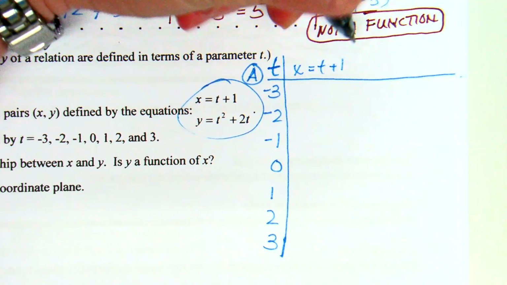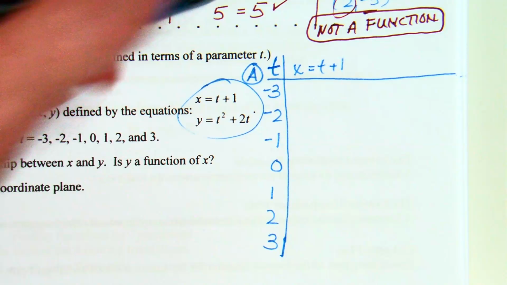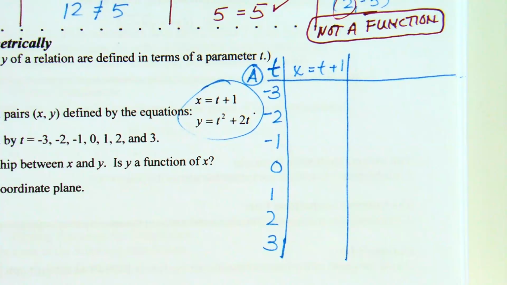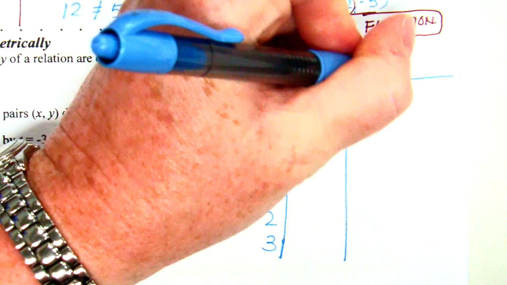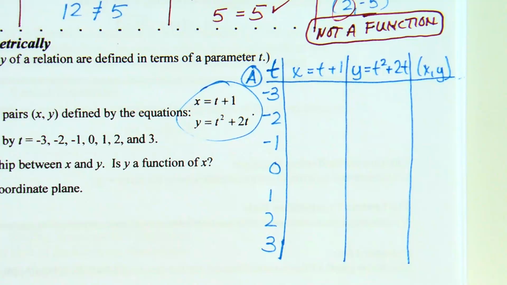I'm heading it as x equals t plus 1 just to help us remember. My next column is going to be my y column. How do we find y? t squared plus 2t. And my last column is going to be just putting it all together. So when we put it all together, we're going to have x, y ordered pairs.